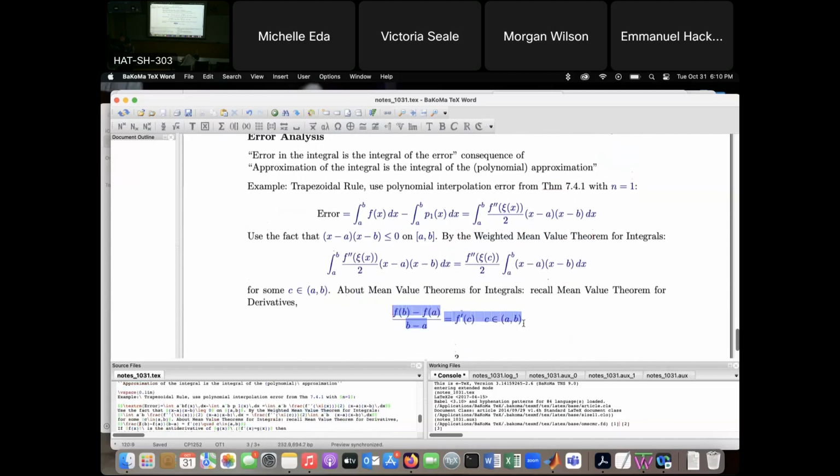This is a mean value theorem that you're most likely to remember from Cal 1. Mean value theorem for derivatives. This quantity here is the slope of a secant line, f of b minus f of a over b minus a. That is exactly equal to the derivative at some point c between a and b, an unknown point. This leads to these really, in my opinion, stupid problems they assign in Cal 1 classes everywhere.